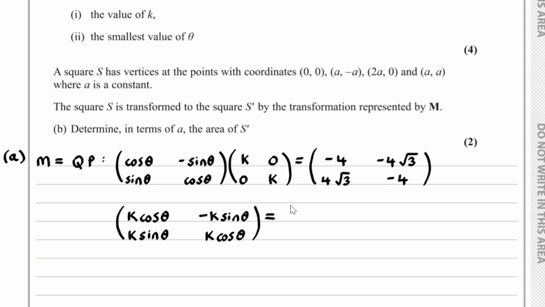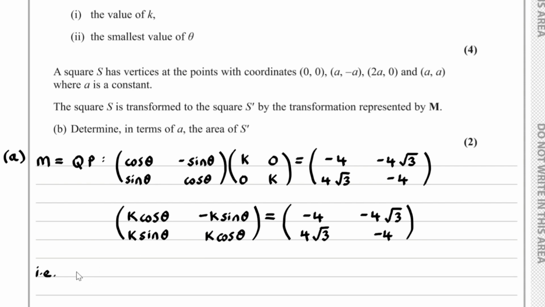The result of this matrix, we have minus 4 root 3, minus 4 root 3, and minus 4. We can now determine the value of k by comparing elements.